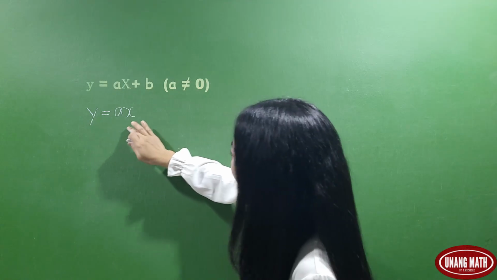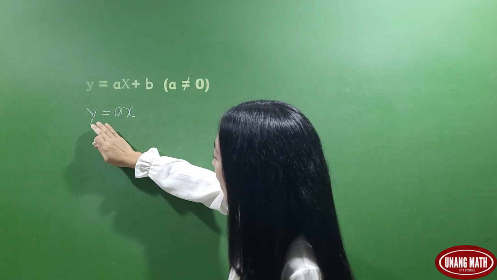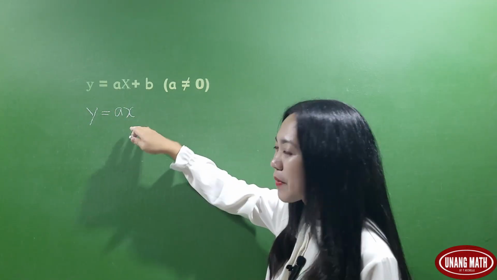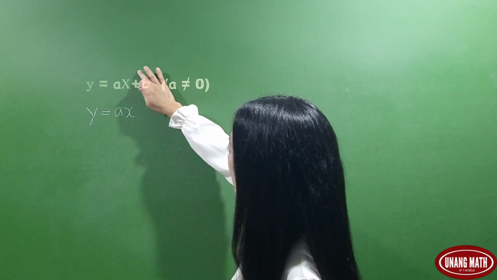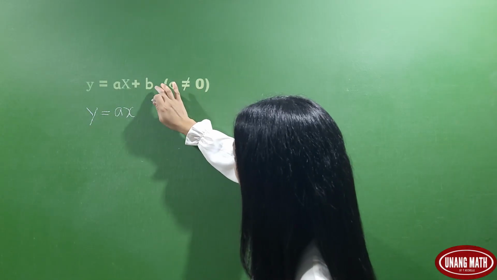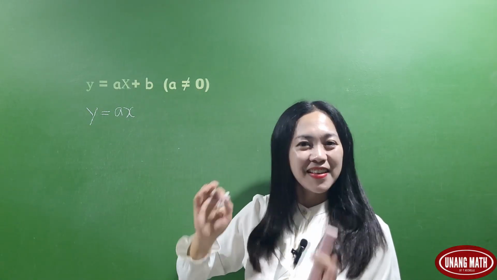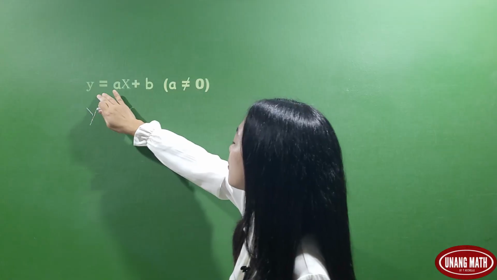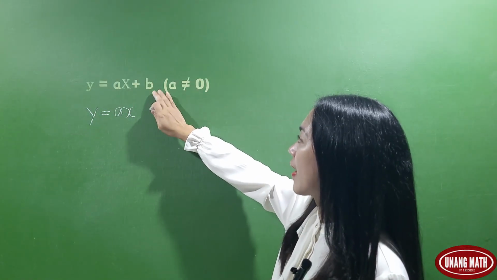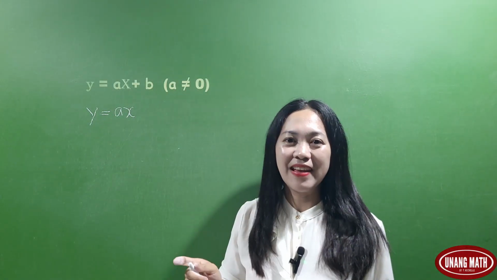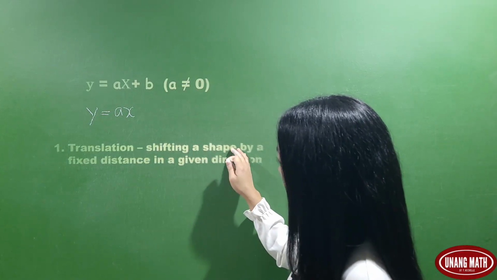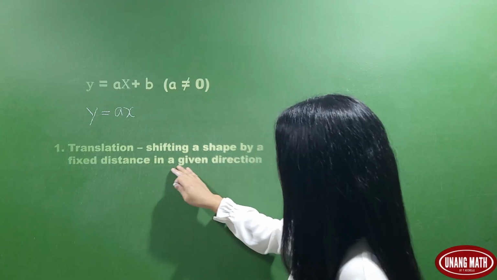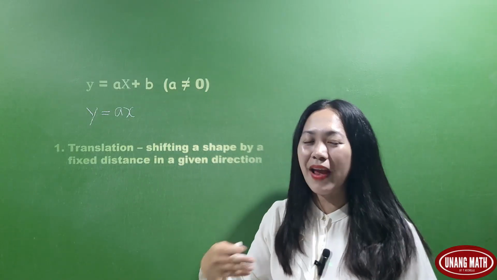Okay, translating the graph of y is equal to ax vertically by b units, or whatever the value of b, the result is the graph of this function y is equal to ax plus b. When we say translation, this is shifting a shape by a fixed distance in a given direction.